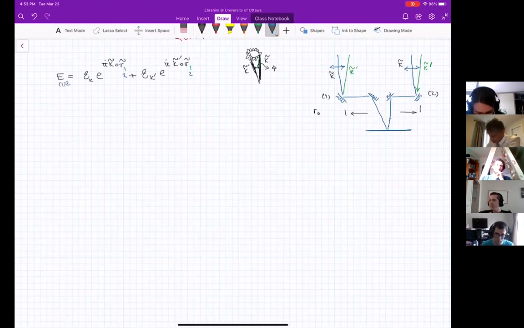The total field at the screen is, no tilde, because I assume that there is a polarizer at the front of it.